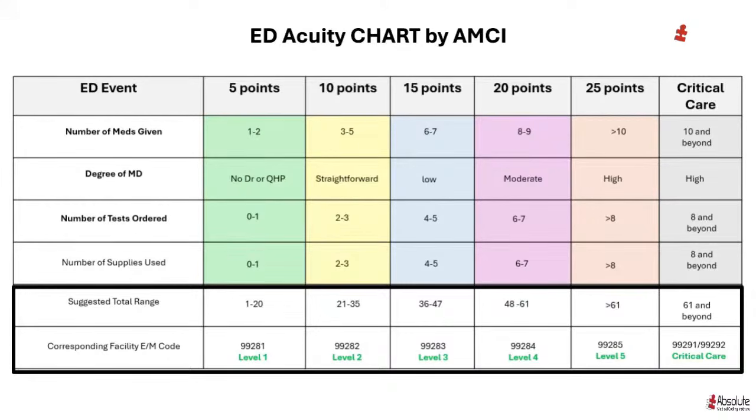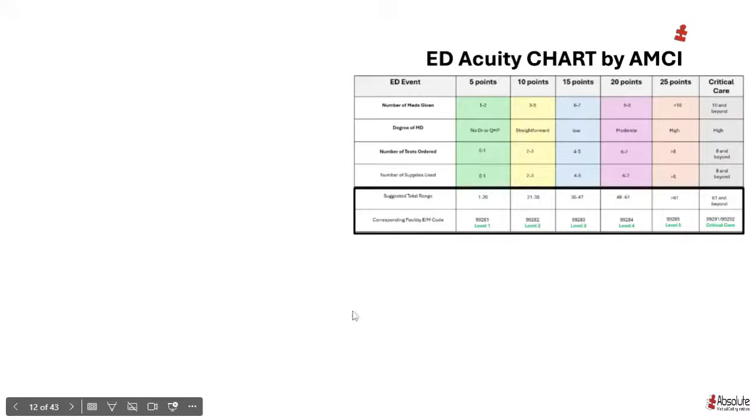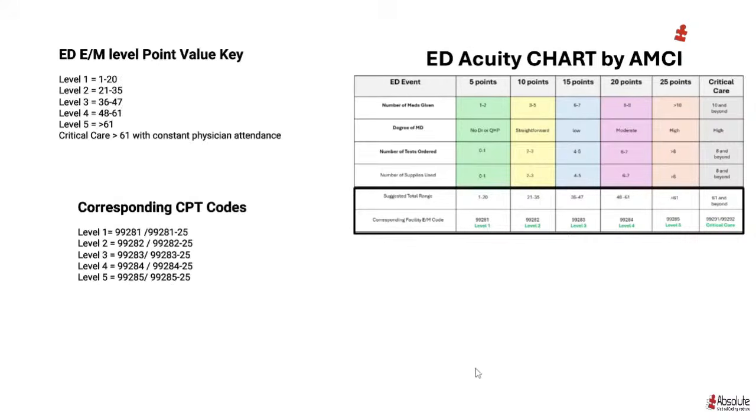But in the real world, if you're doing a pre-hire exam, they might ask you which acuity chart you used. You may use this one. As long as your answer is consistent with this chart, you're good. All right.